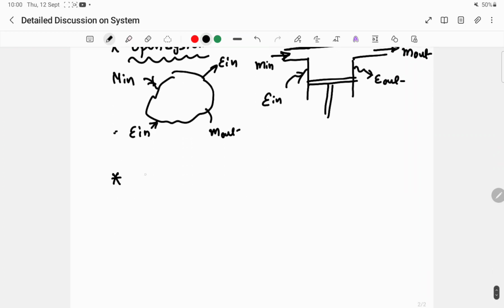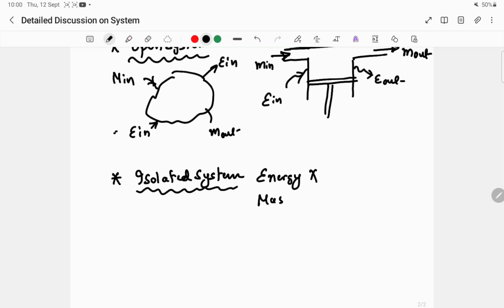And your last one is the isolated system. Here energy transfer is not possible and also mass transfer is not possible. So there is no change in energy, no change in mass, and since there is no exchange of anything, your Q is equal to 0, that is, change in heat. We will be discussing this in our upcoming videos.